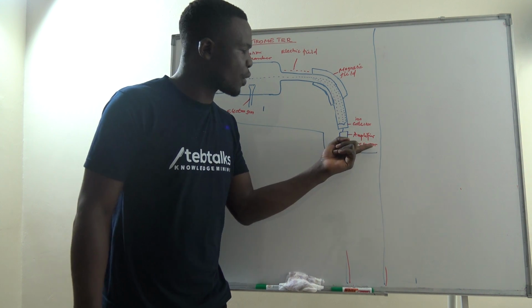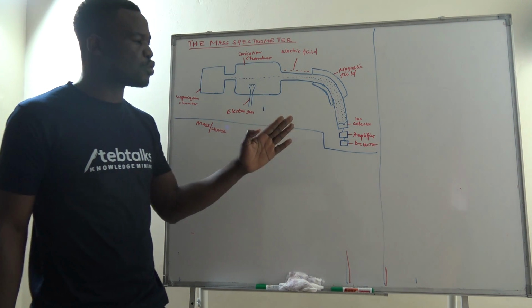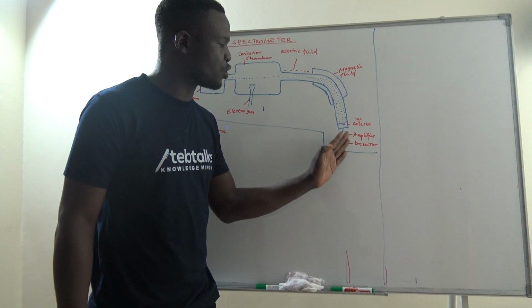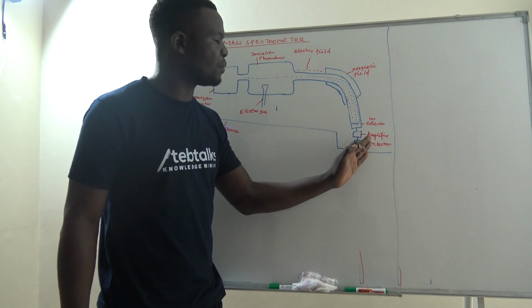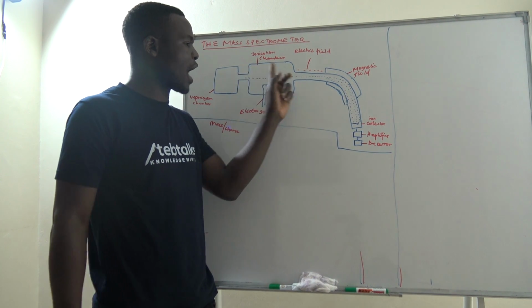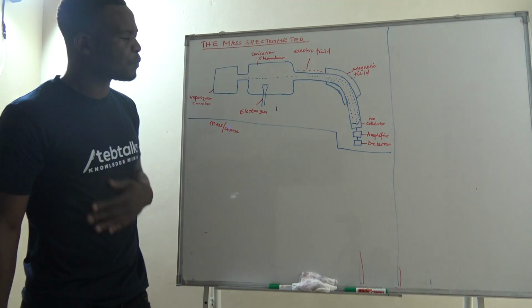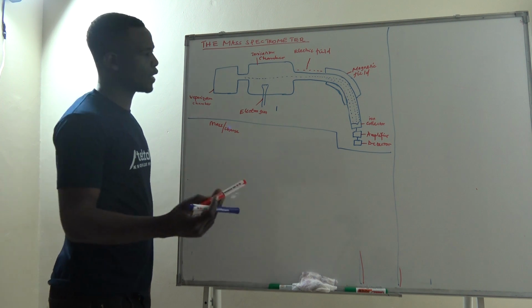Now, this recorder works in a way that it draws a graph on a screen with peaks that correspond to the various ions that were in the sample. So that is how a mass spectrometer works.